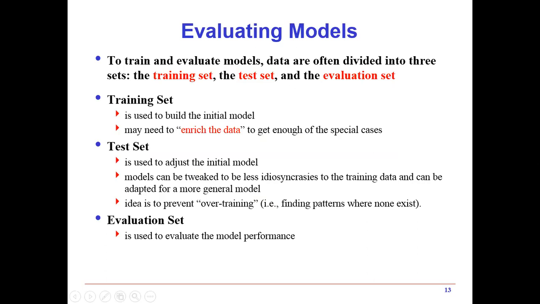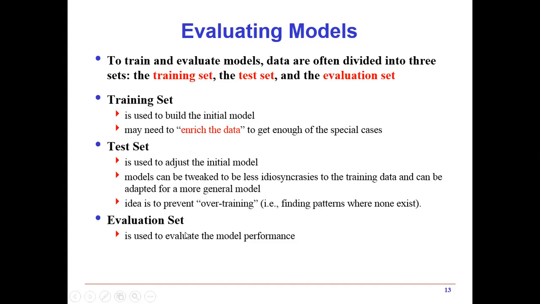So how will we evaluate the model? For the evaluation of the model, we have a training set. The training set is basically used to build the initial model. Then we have the test data. Test data is used to test the accuracy of the model. Once you have developed the initial model, whether it is overfitted or underfitted is tested by using the test data.